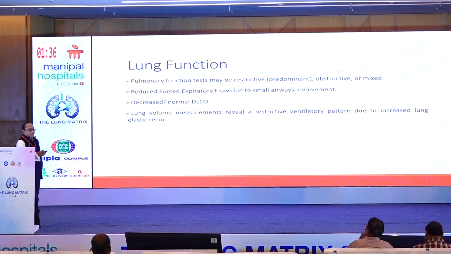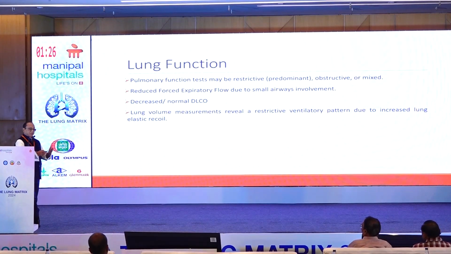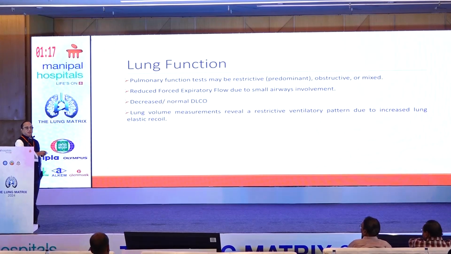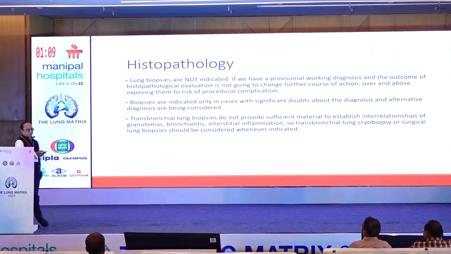So DLCO should be done in all these patients, because at some stage if there is rapid progression, then we will be looking at lung transplant. Prognostication is quite good with not just the FVC, but DLCO as well. At my place on Old Airport Road, Manipal, we have CPET, and we do a full cardiopulmonary exercise testing when feasible.